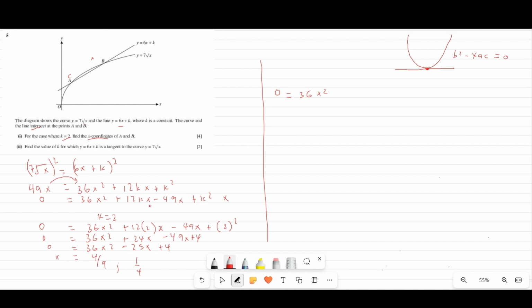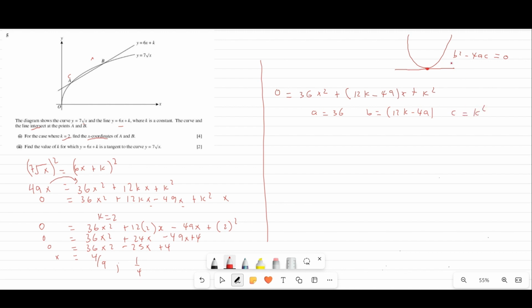Then I'm going to factor out the x because it's common, plus in brackets 12k minus 49, times x, plus k squared. Therefore, our a becomes 36, our b becomes 12k minus 49, and our constant c simply becomes k squared.